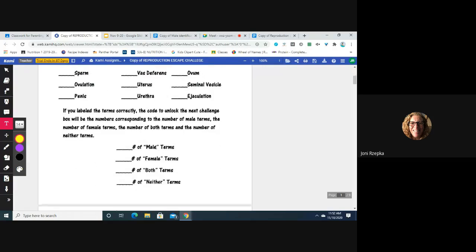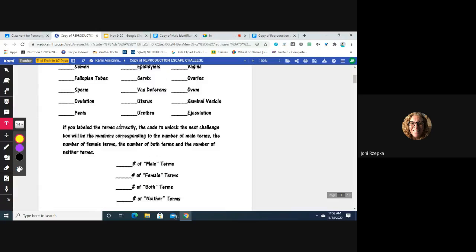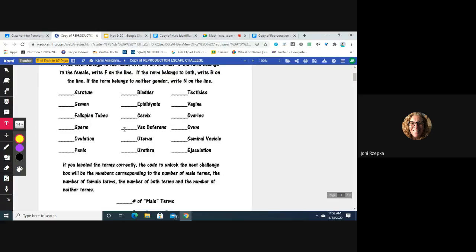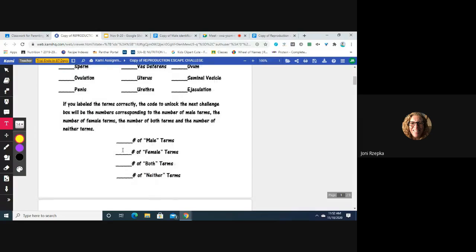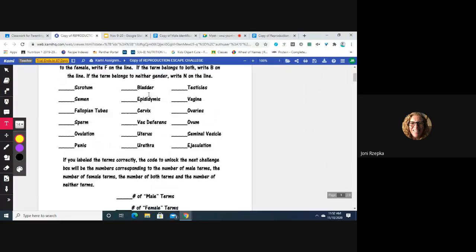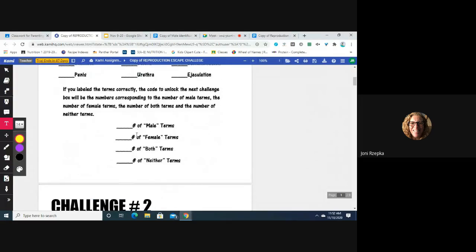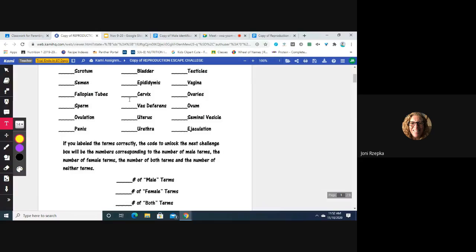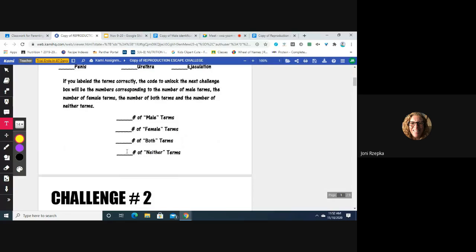Let's say I have 8 M's, so I put the number 8 here. Then I count all of my F's and put the number here. Let's just say it's 5. I go back up to the top and find which ones have a B. Let's say there are 3 B's, so I put 3. Then I go back up to the top and I have 1 N, so I put a 1 here.